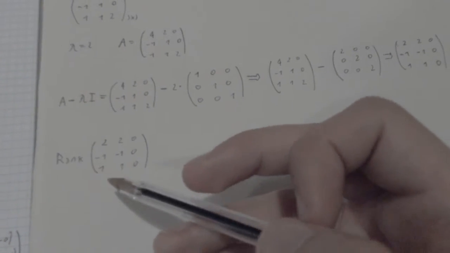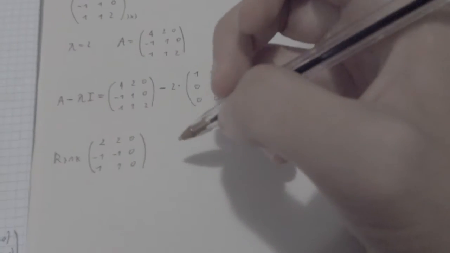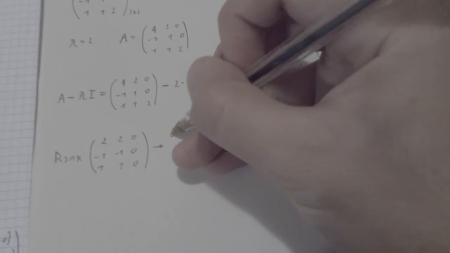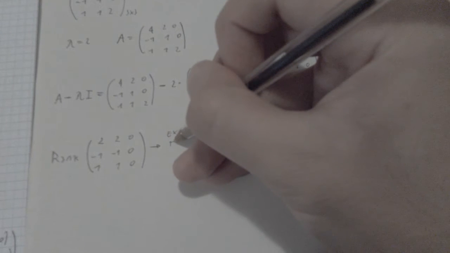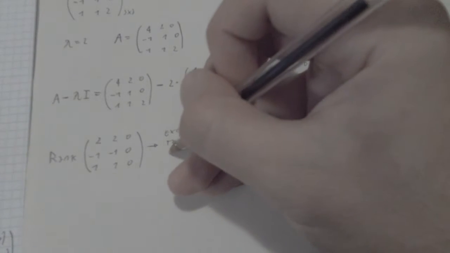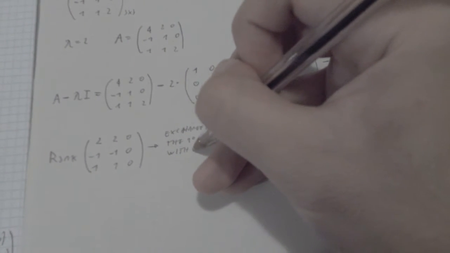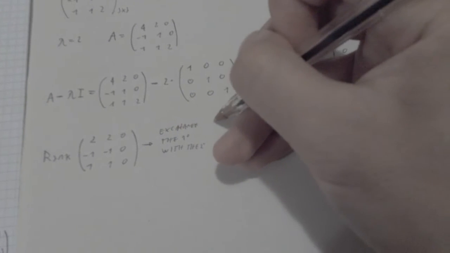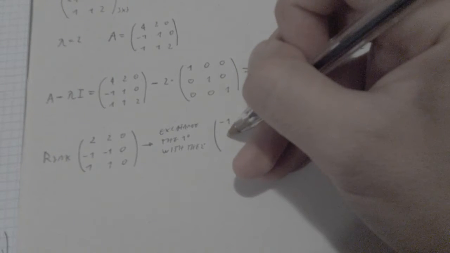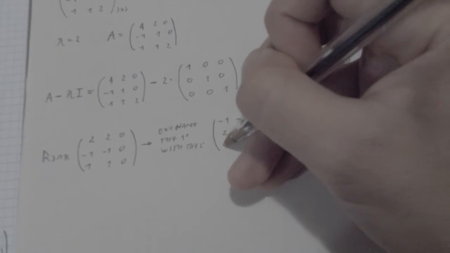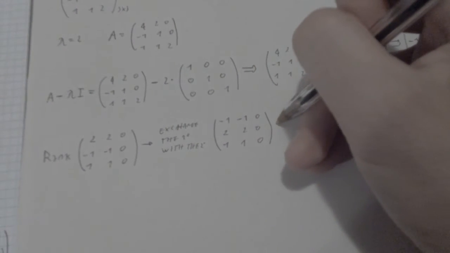So I'm going to start by exchanging the first row with the second row. It becomes negative 1 negative 1 0, 2 2 0, 1 1 0.